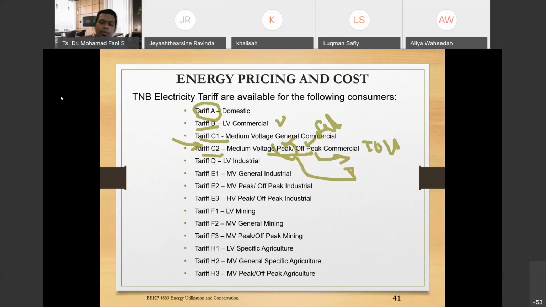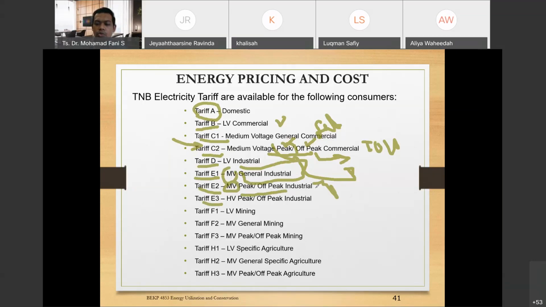And it happens also to the industry, which has the low voltage tariff D, and E1, E2, and E3. E1 is the flat tariff, general industry, and then E2 represents the off peak and peak.